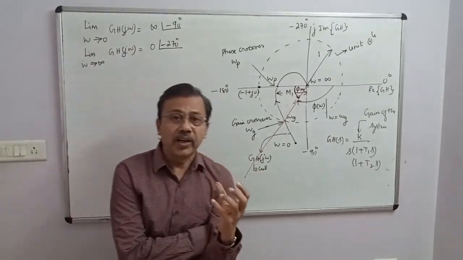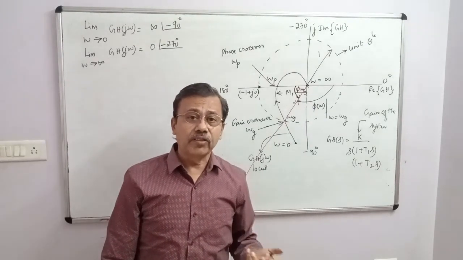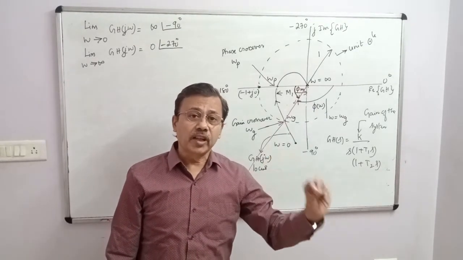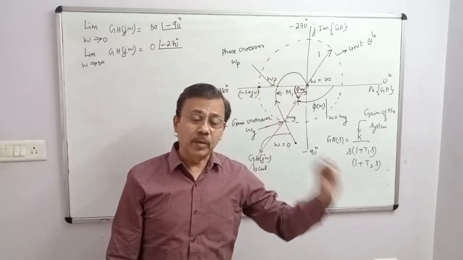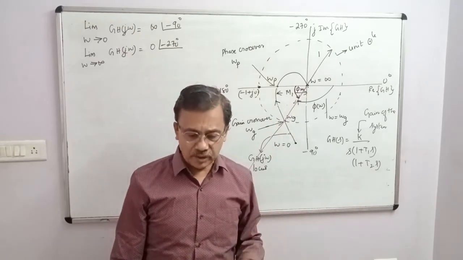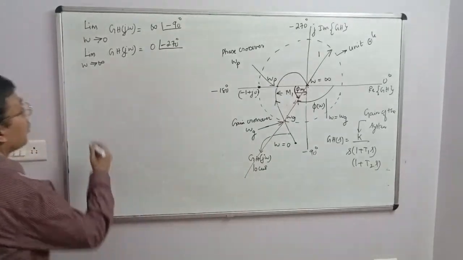So, how do we define gain margin? Gain margin is the factor by which the gain of the system could be increased so that a stable system becomes just unstable. That is, a stable system becomes marginally stable. I am going to write the statement.